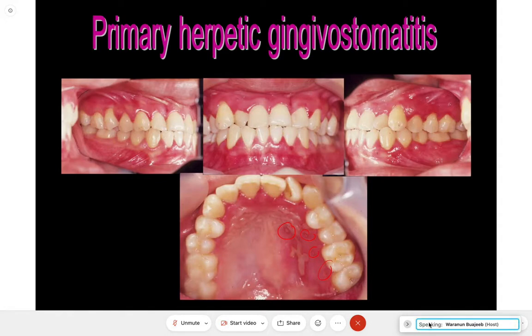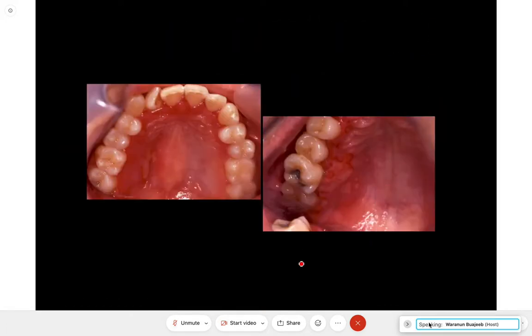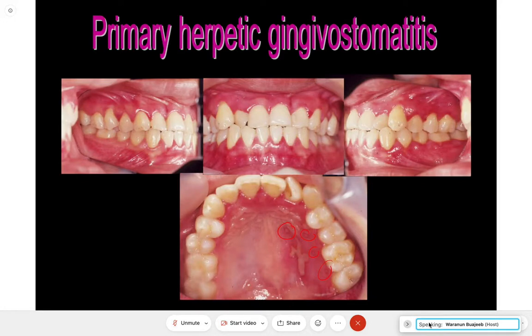Okay, I will explain. The coalescence of the small ulcers can cause large irregular lesions like this. But what we can notice is that the coalescence of small ulcers occurs after the small ulcers occur. And what is the cause of small ulcers? Breaking down of vesicles.